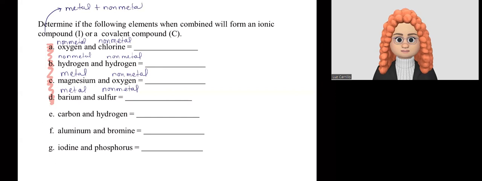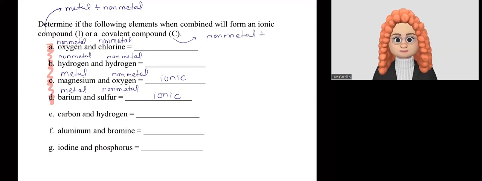As I just explained, since ionic compounds are formed by metal plus non-metal, we can determine that letter C and letter D are going to be forming ionic compounds. Covalent compounds, on the other hand, are formed by 2 or more non-metals coming together.